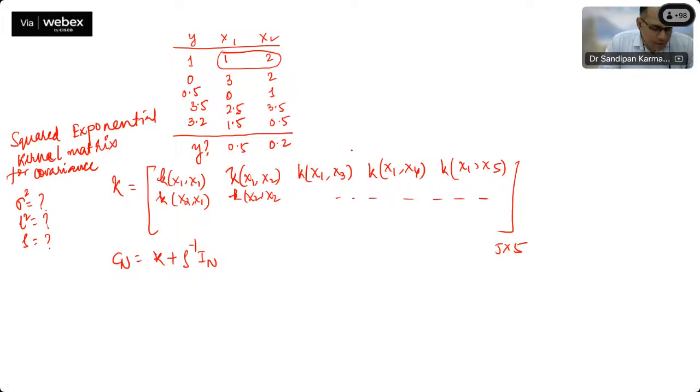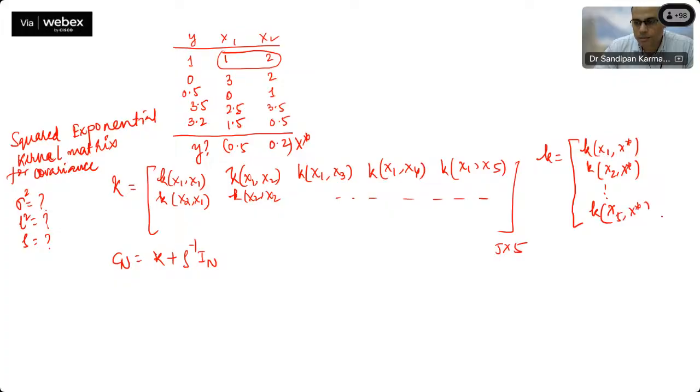Now the thing is that x star is 5 comma 2. So with this x star, small k can be calculated as k(x1, x star), k(x2, x star), dot dot dot, k(x5, x star).